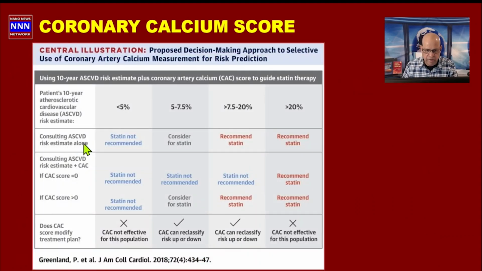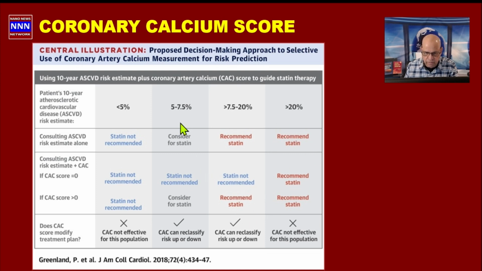So ladies and gentlemen, here is a chart showing that if someone has a cardiovascular risk of greater than 7.5 to 20%, which falls in the high intermediate category, or high risk category, greater than 20% cardiovascular risk over the next 10 years, statin therapy is recommended for those patients.